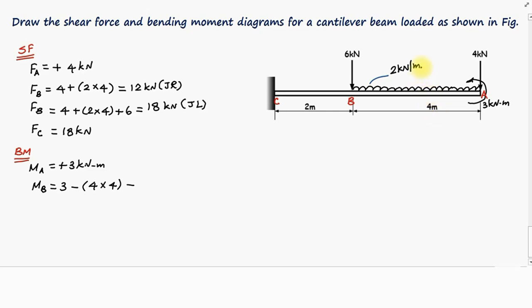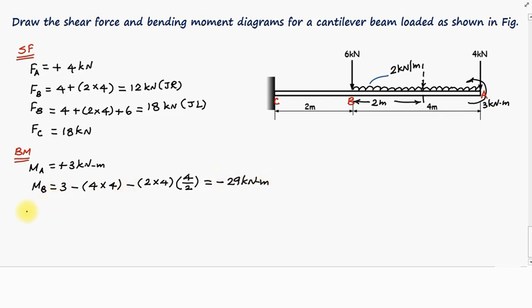Therefore, the total load is assumed to be acting at the center of gravity of this loading system, that is at the midpoint, at a distance of 2 meters from the point B and 2 meters from the point A. Therefore, the total load is 2 kilonewton acting for a distance of 4 meters multiplied with the perpendicular distance 4 meters divided by 2. On calculation, we obtain the bending moment at the point B is equal to negative 29 kilonewton meter.